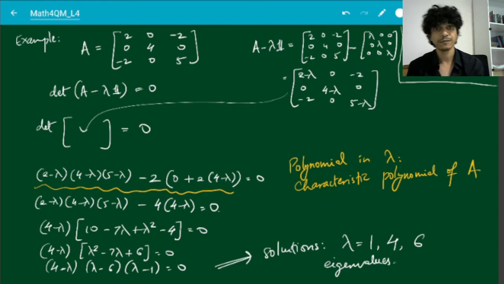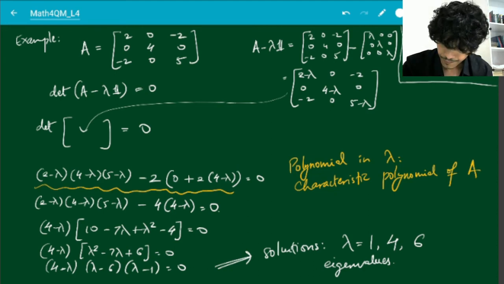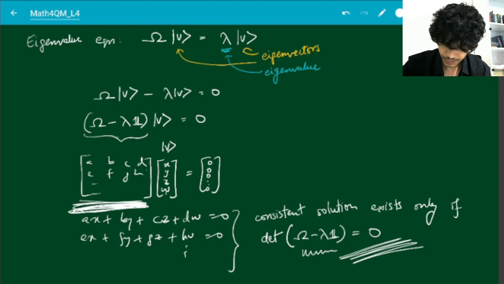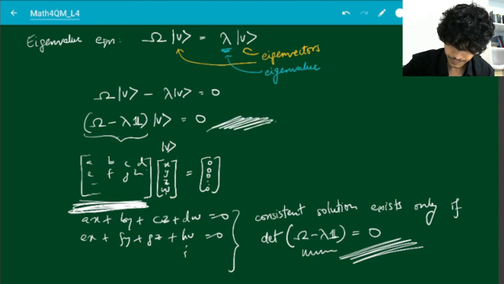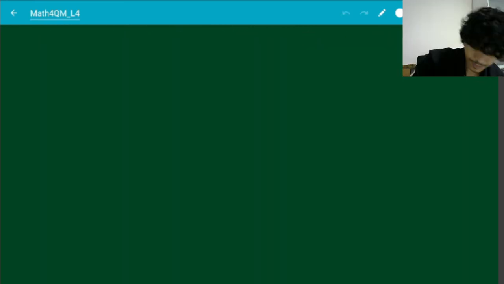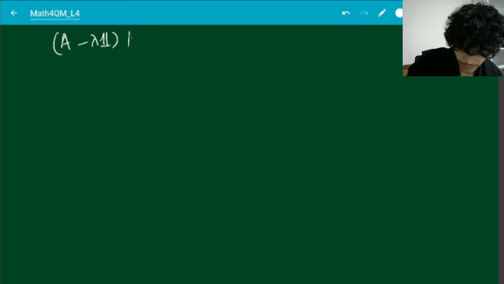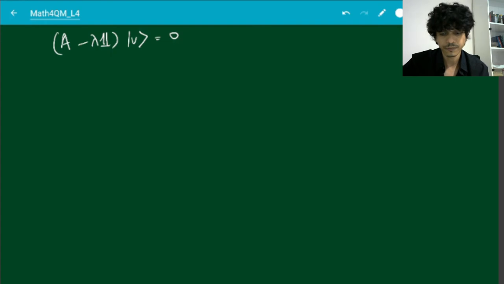Good. So we are halfway there. We found the three eigenvalues of this matrix A. Now we want to find the eigenvectors corresponding to each of these eigenvalues. The way to do this is to go back to our eigenvalue equation. We know that A minus lambda identity operating on the eigenvector V should give you 0.